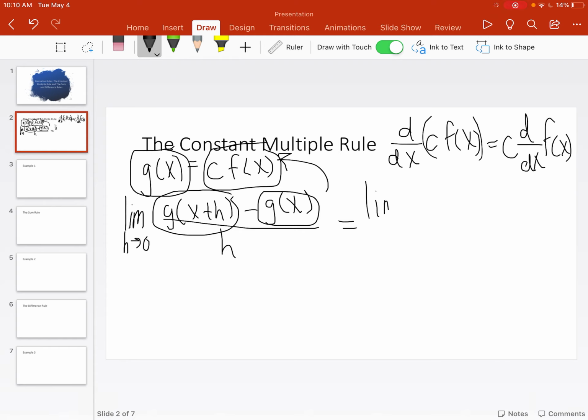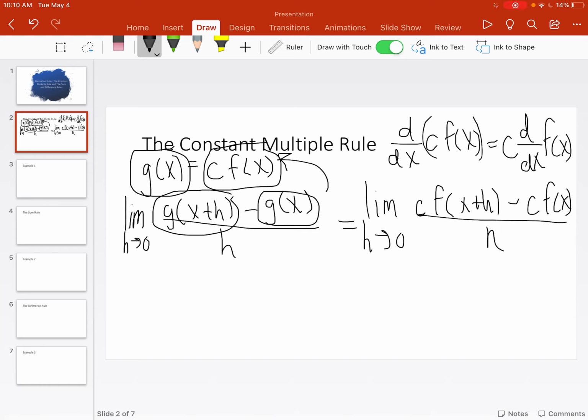We could have done this directly, but this can help show you how it's done a little clearer. So in place of g of x plus h, you get c times f of x plus h, and then minus g of x is just minus c f of x, all over h.